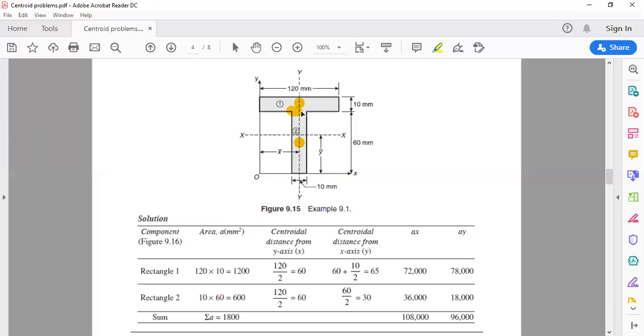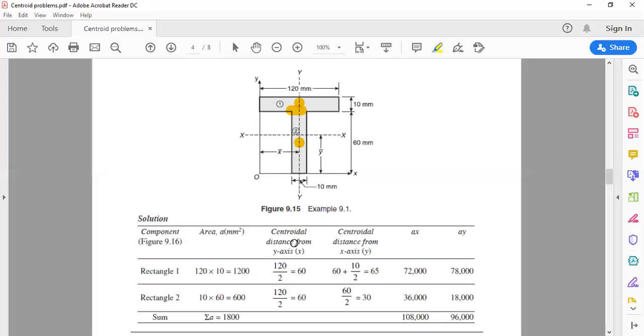The area of the second rectangle is 10 into 60, because I have divided the given figure into two rectangles, rectangle 1 and rectangle 2. So the area is 600.